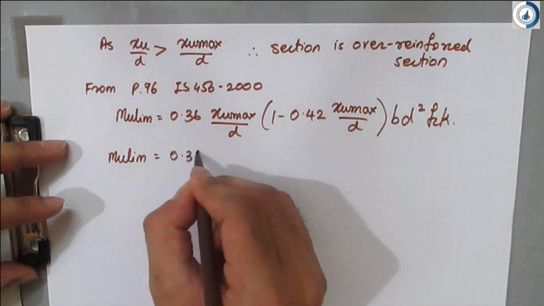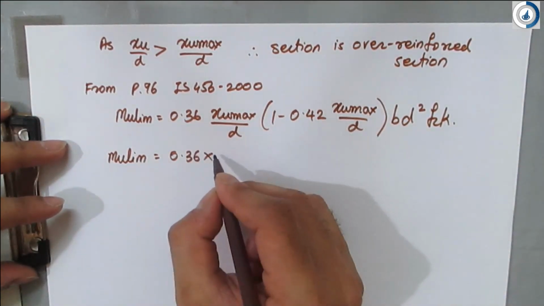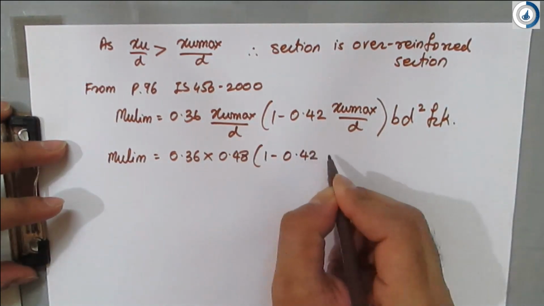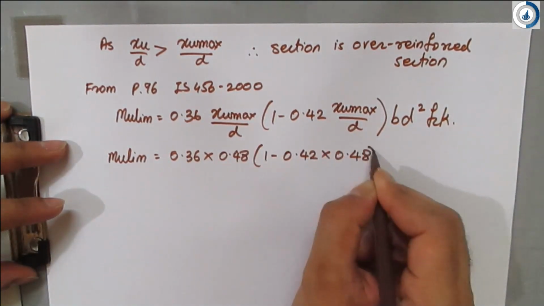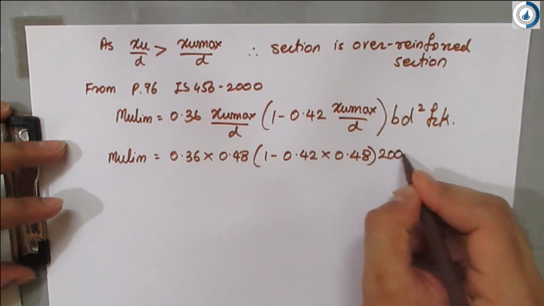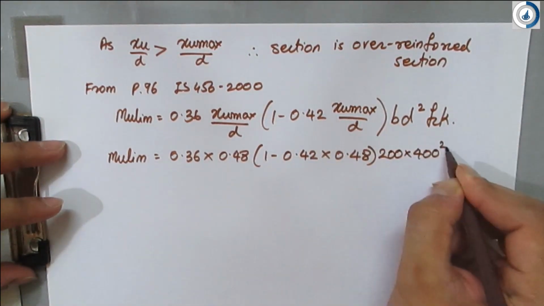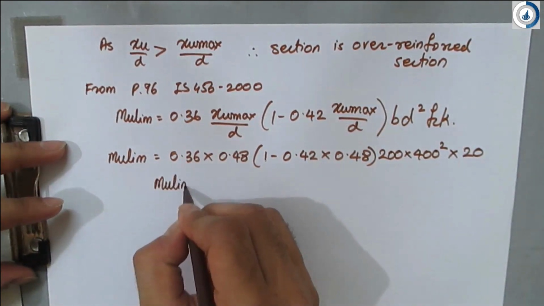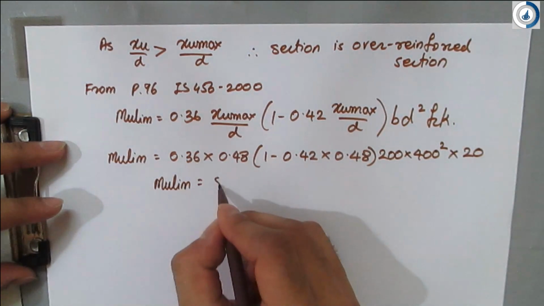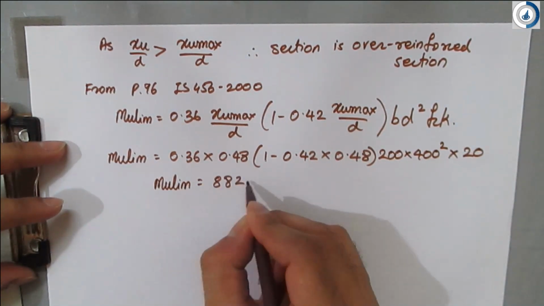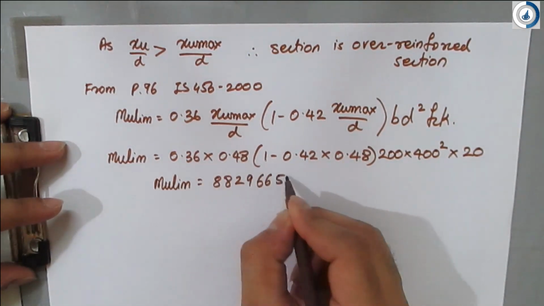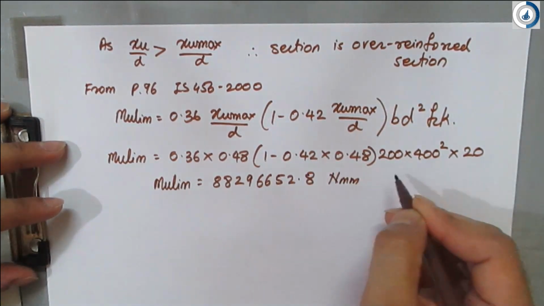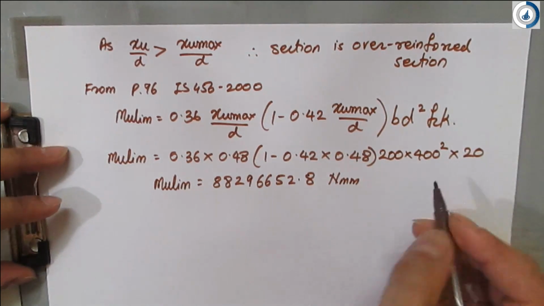So 0.36 and XU max by D is 0.48, into 1 minus 0.42 into 0.48. B is 200, D is 400, FCK is 20. So Mu limit you will be getting 88296652.8, and the unit will be Newton millimeter, because all the things we have substituted in Newton per mm square.